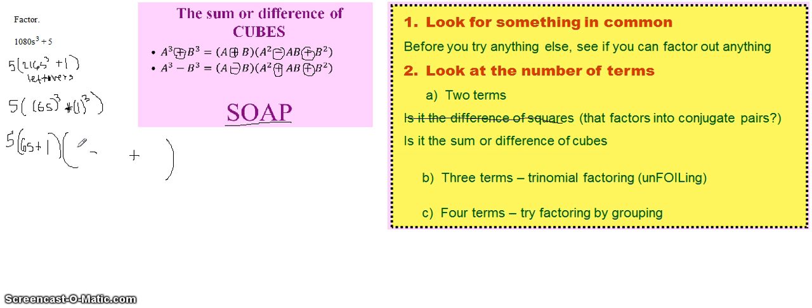Next I'm going to do A squared from the formula. Well, A is 6s, so 6s squared needs to be 6s times itself. I can't write it as 6s squared like that. That is not right. I have to square the 6 and the s, so I put a parenthesis around that, and then I would simplify it.